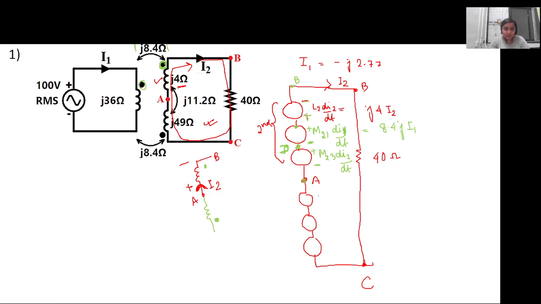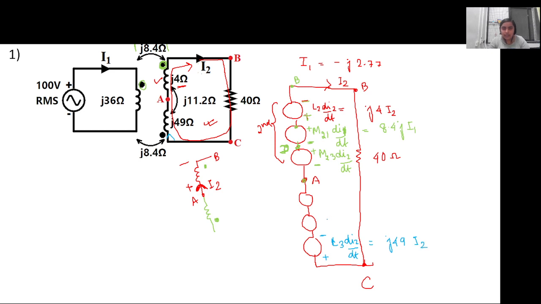So for the second inductor, current is entering through this particular terminal, so it will be plus this side and minus this side, and the value will be L3 di2 by dt, which is given as J49 into I2.